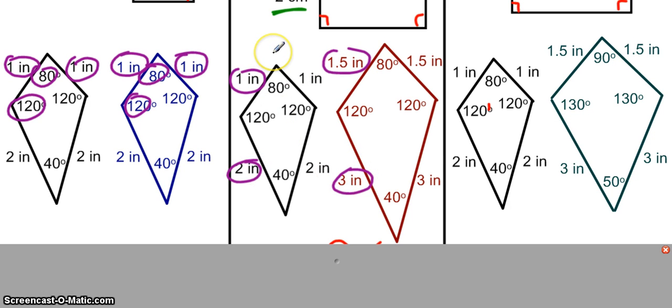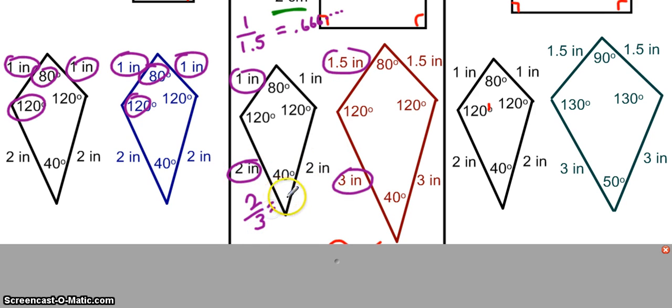Here's how we can check to make sure they're proportional, right? Check the ratio, or the fraction, of 1 to 1.5. So let's write that, 1 to 1.5. And if you divide in your calculator, you should get something like 0.666 repeating, right? Similarly, the ratio of this side 2 inches to this side 3 inches is 2 over 3.